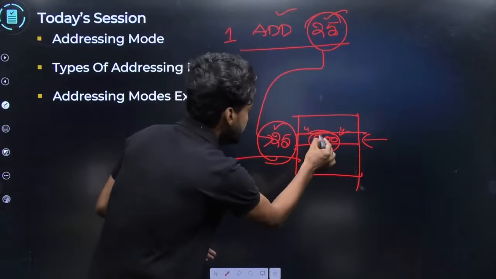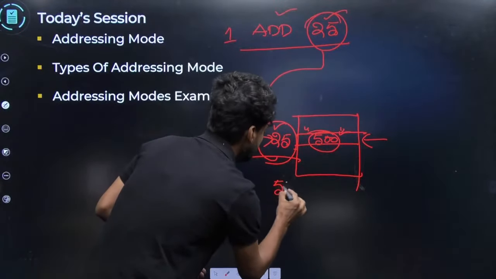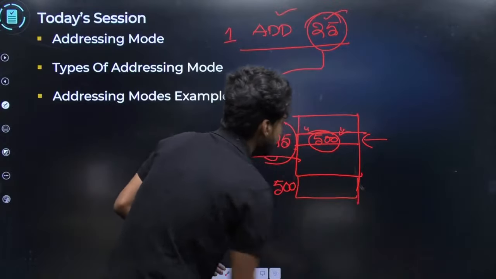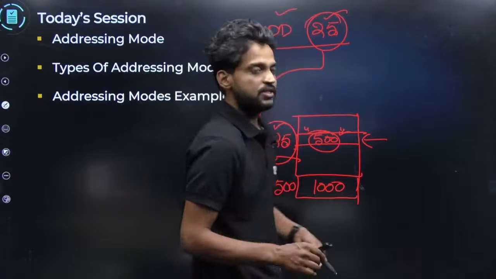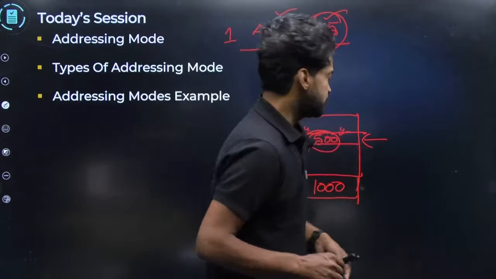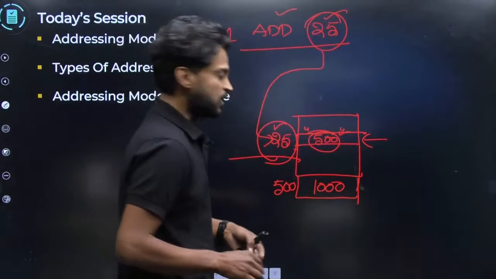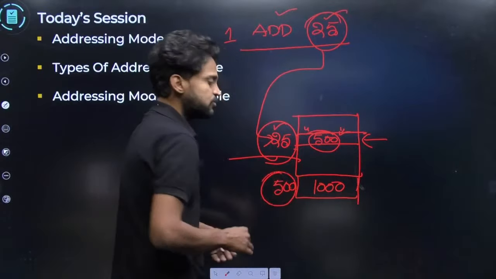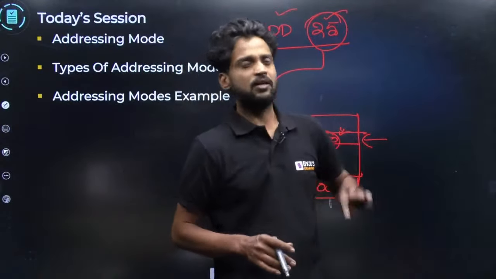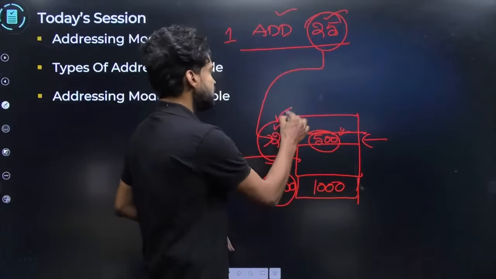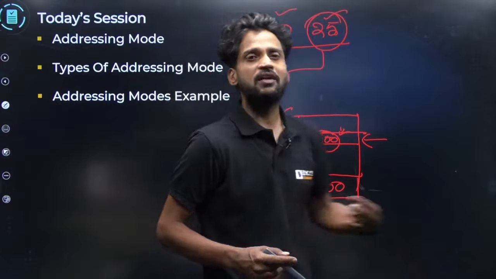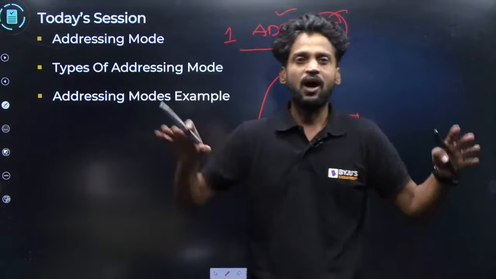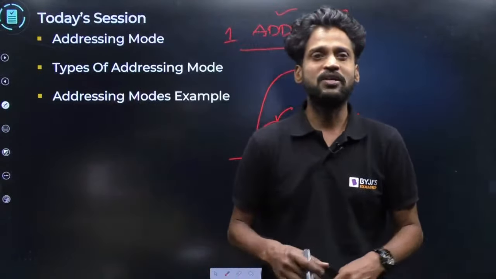At that time, you need to collect this 500 as one more address. You need to access one more main memory location in which the actual operand is present. Right? So here, the part that you need to understand is that effective address is an address in which the operand is available. In the previous case, 25 is the effective address. In the indirect case, 500 is the effective address. Now you can understand that the effective address is an address in which the actual operand is present.